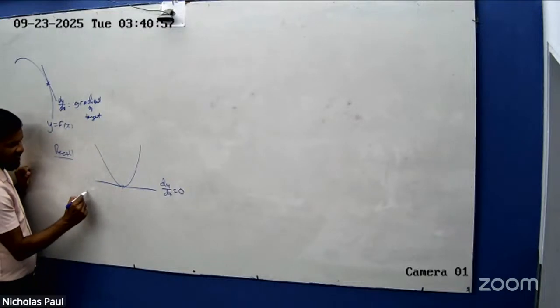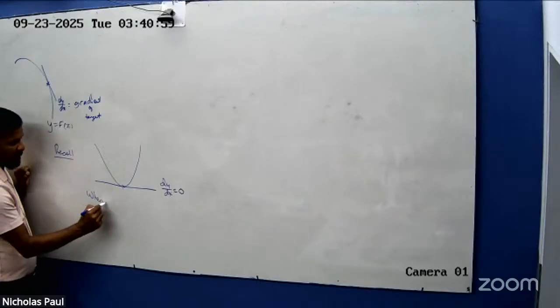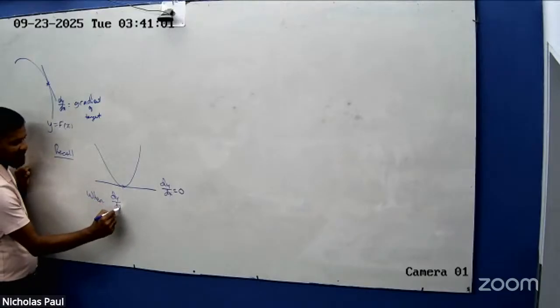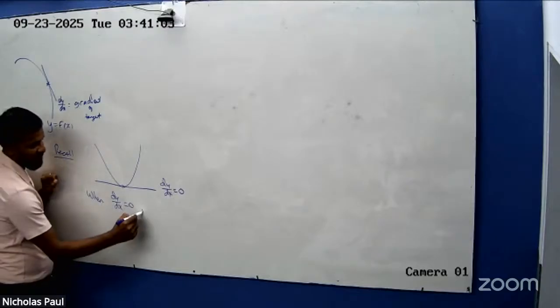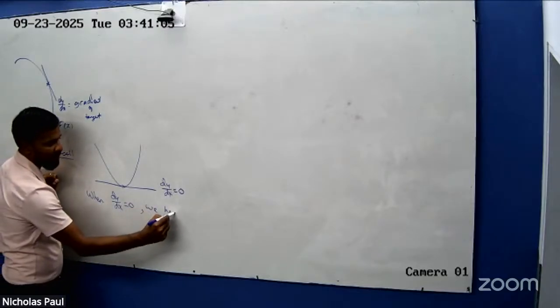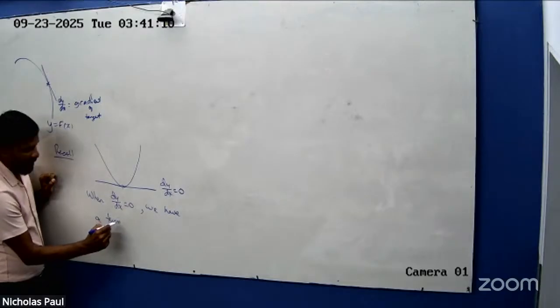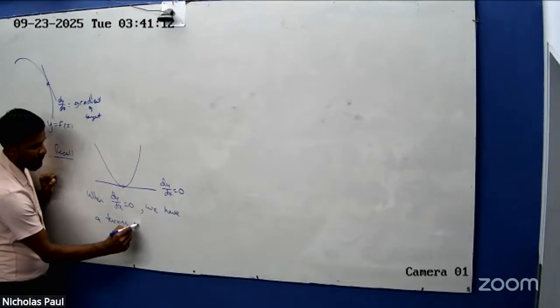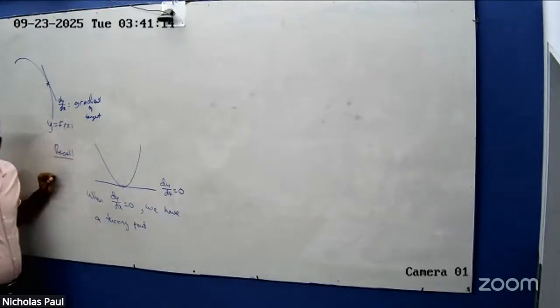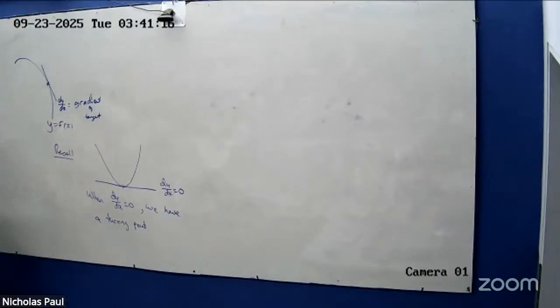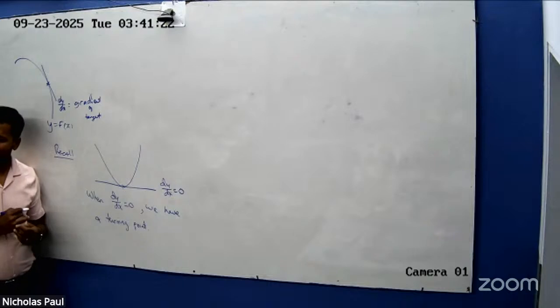It says that when dy/dx is equal to 0, we have a turning point. So a turning point occurs when dy/dx is 0. Everybody okay with that? How would you know if it's max or min, Chris?